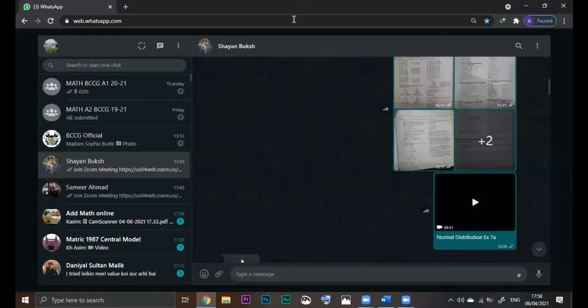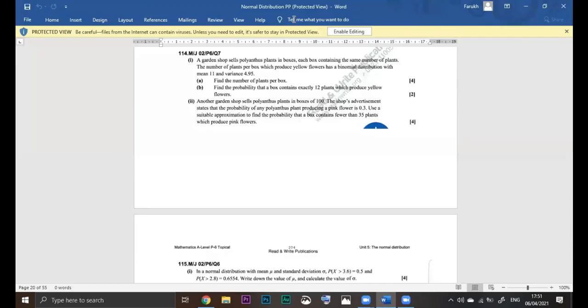I think we have lost the previous working. Now, the final calculation was probability of Z is less than 0.214.